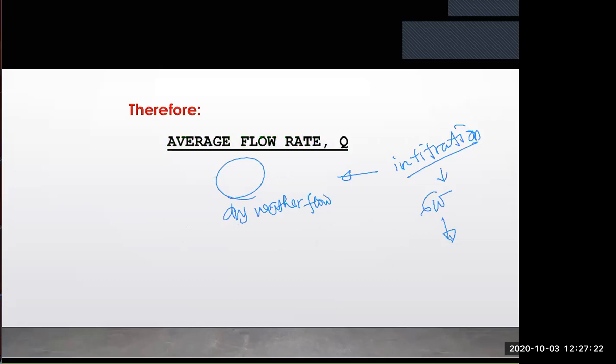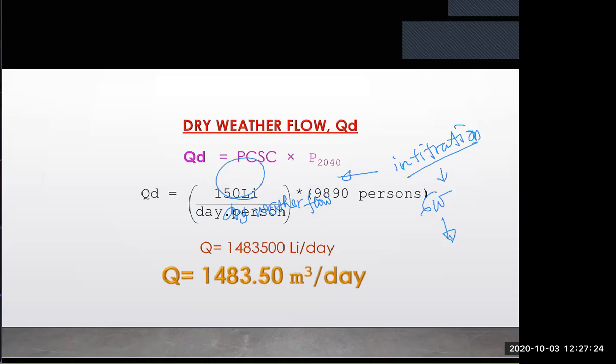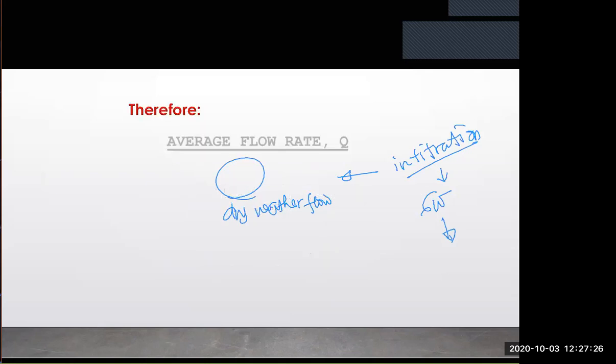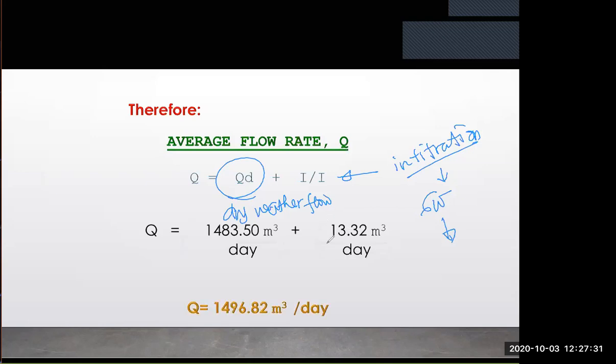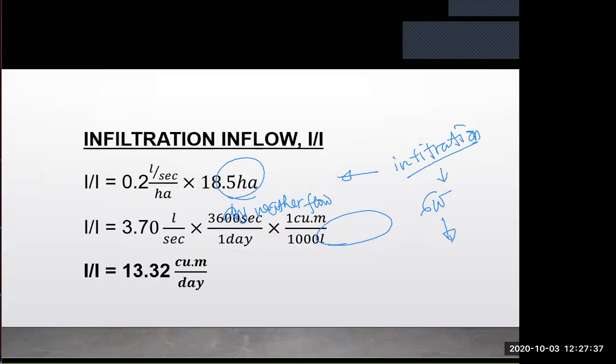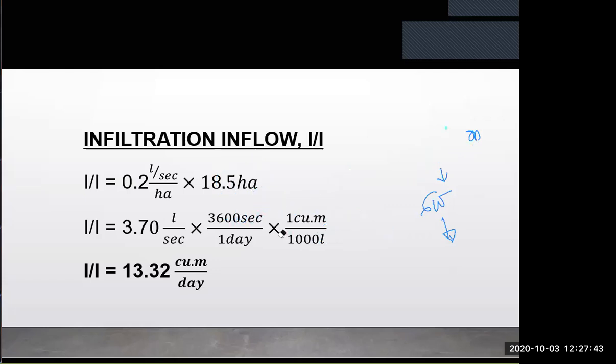Okay, it's that one. And then add that one to your infiltration. Your infiltration is equal to 13.32. Where did we get 13.32? It's here. From the table provided by Metcalf and Eddy, a possible infiltration flow is equal to 0.2 liters per second.